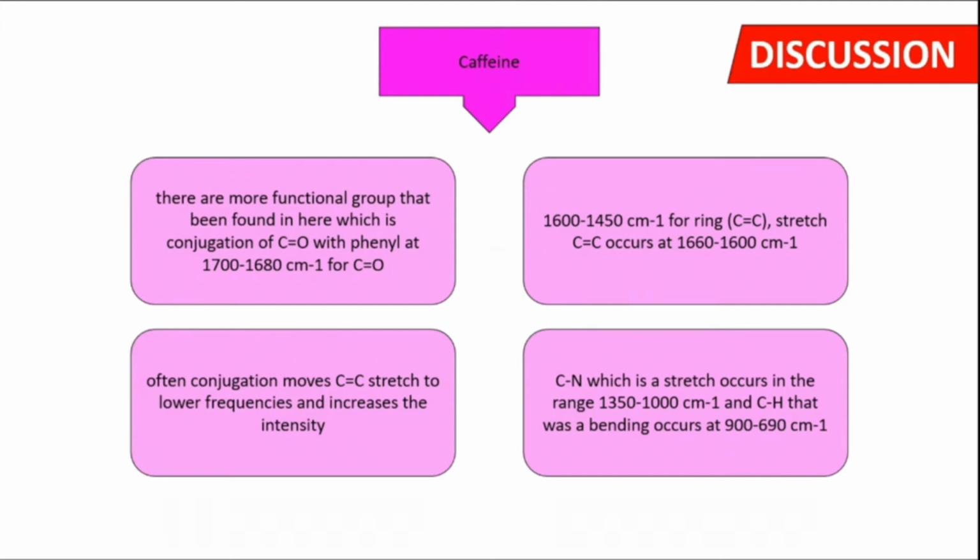C-N, which is a stretch, occurs in the range 1350 until 1000 cm⁻¹, and C-H, that is a bending, occurs at 900 until 690 cm⁻¹.